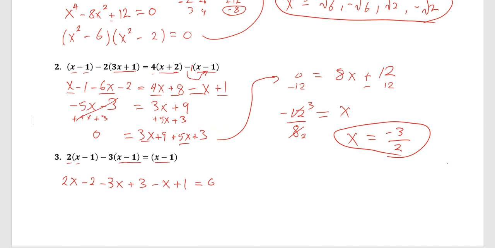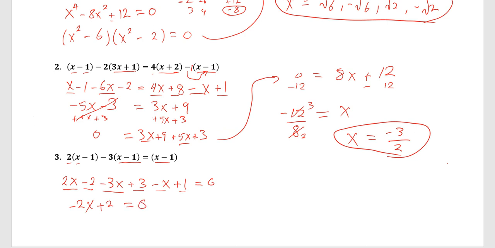Combine like terms. 2x minus 3x is minus x, and then minus x is minus 2x, minus 2 plus 3 is plus 1, and then plus another 1 is plus 2.